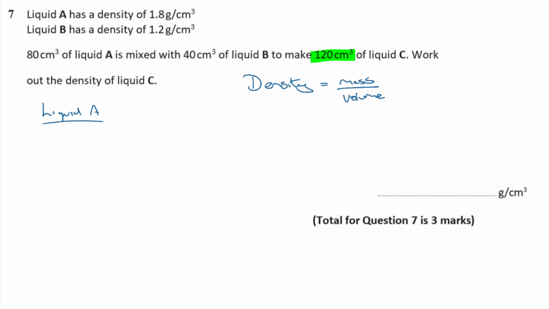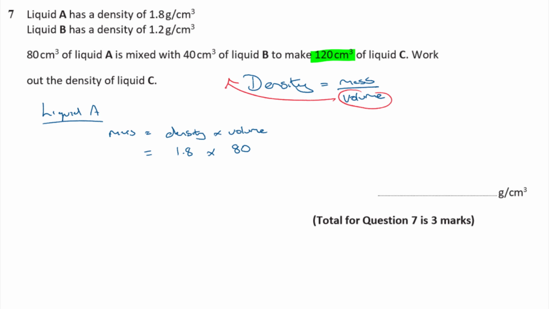Now, if density equals mass over volume, then rearranging that formula, mass is going to be equal to density multiplied by volume. Okay, cross multiplying the volume to get mass equals density times volume. So for liquid A, the density is 1.8 grams per cubic centimeter, and the volume is 80 cubic centimeters.